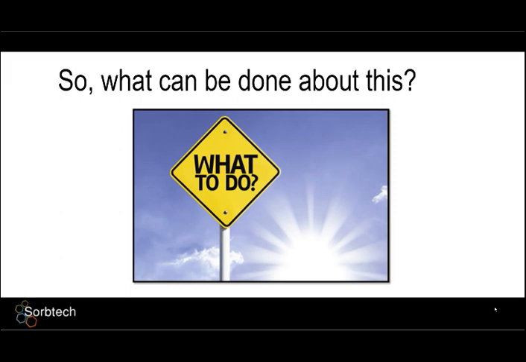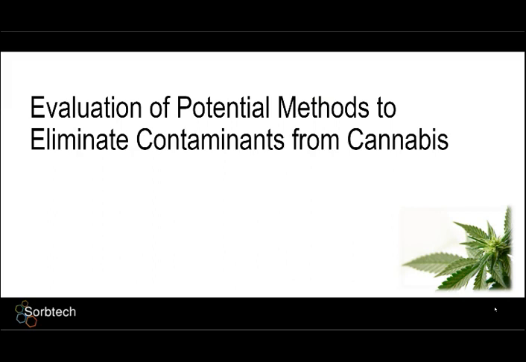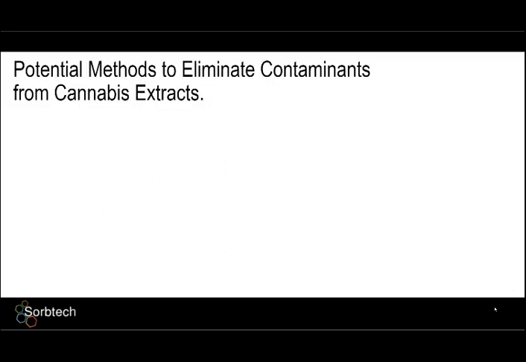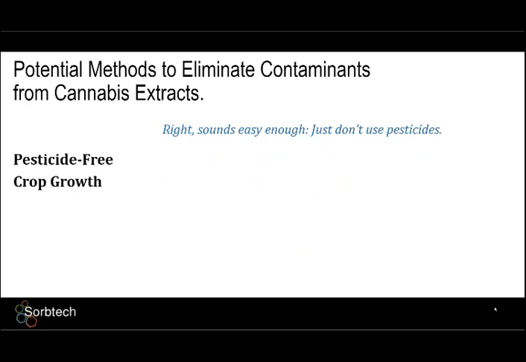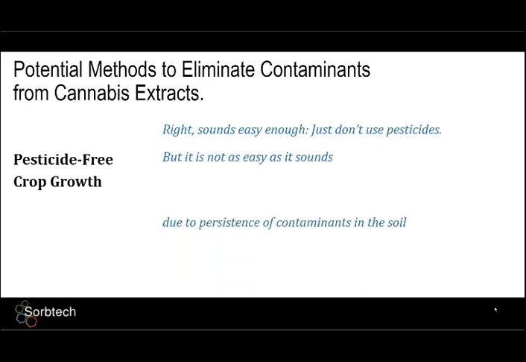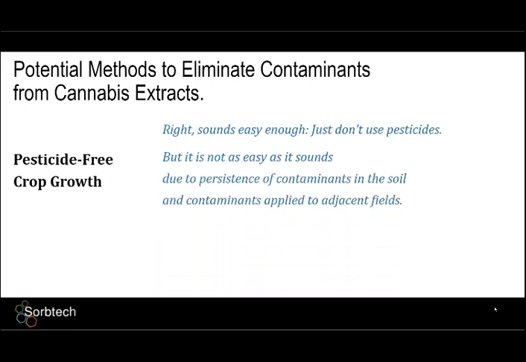So what can be done about all this, the general problem? Well, first, let's evaluate the methods to eliminate contaminants. Now, the first method, and it seems the easiest, is to simply grow your crop without pesticides. Sounds easy enough, right? Just don't use pesticides. But in fact, it's not as easy as it sounds due to the persistence of contaminants in the soil and contaminants applied to adjacent fields.